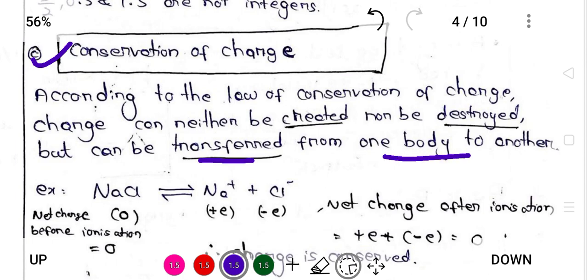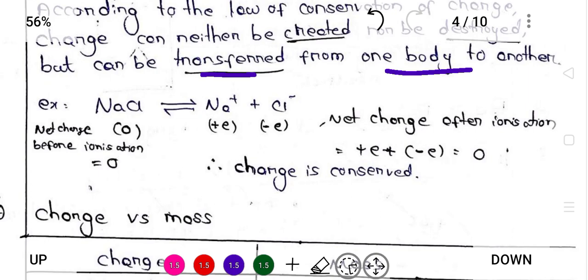For example, sodium chloride, NaCl. When it is converted to Na plus and Cl minus, you can observe that before the reaction, NaCl is a neutral crystal, so its charge is 0. After the reaction, we get an Na plus ion and a Cl minus ion.